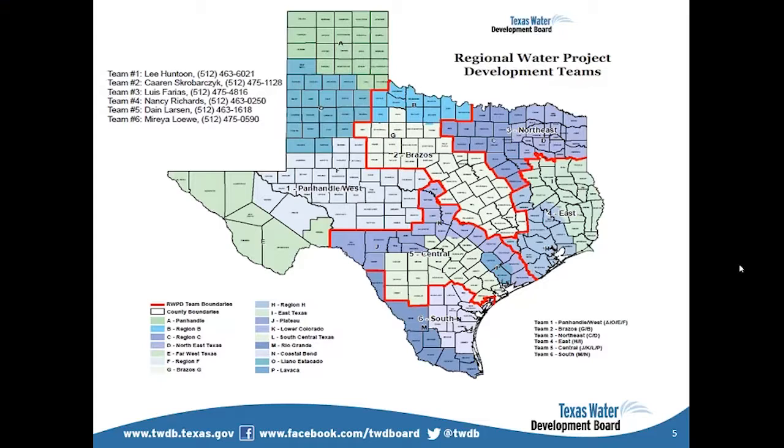So if you have any questions on loans, grants, or projects for your utility, you can always contact the person in charge of the team which covers your region or where your utility is located.